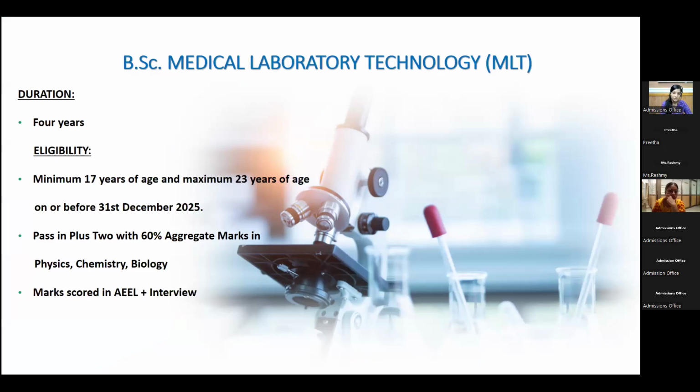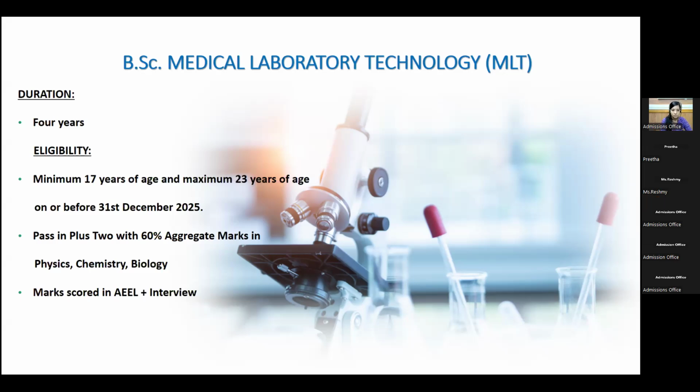Now, coming to the educational eligibility, you should have passed class 12 with 60% aggregate marks in physics, chemistry, and biology. Selection would be based on the marks scored by the candidate in the Amrita entrance exam, life sciences, and also the interview.